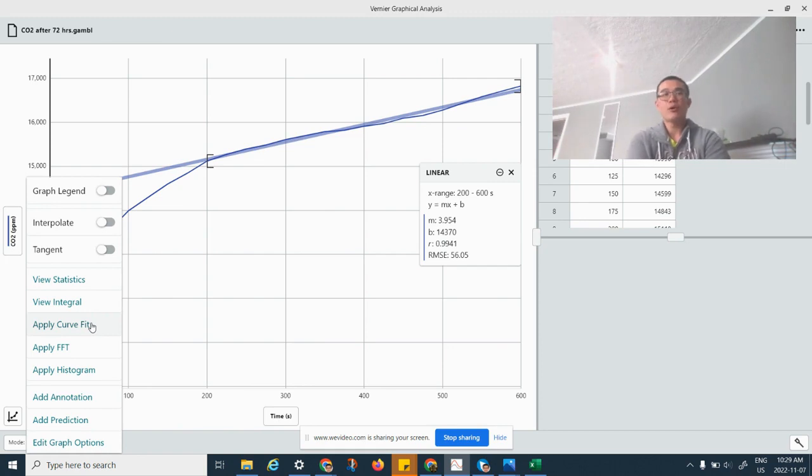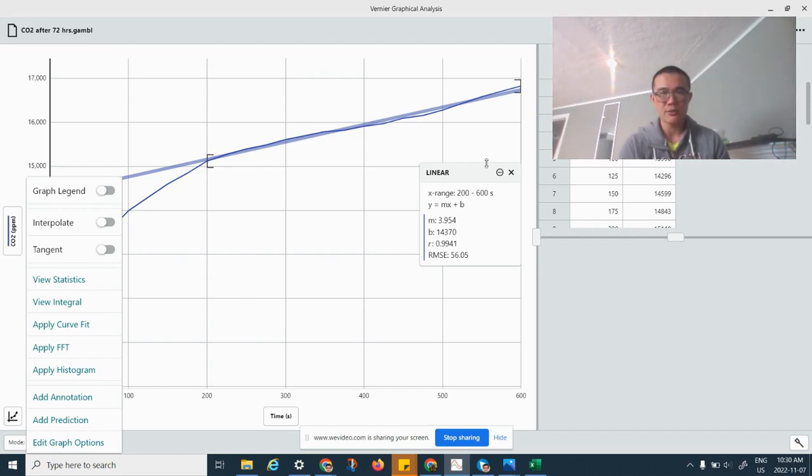Because my experiment is comparing CO2 concentration at different time intervals as the seed was germinating, it makes sense for me to use a linear line because I just want one number for today, for the 72 hour period.